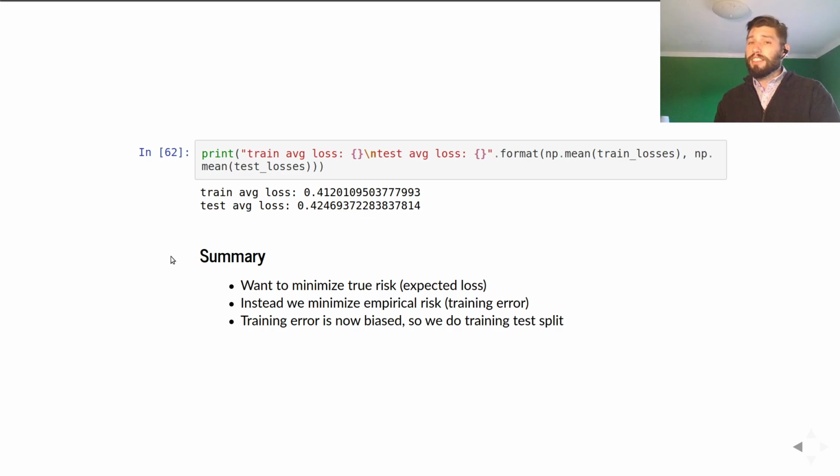Because we were doing linear regression, and in the case of the wine data set, n is much bigger than p, the number of samples is much bigger than the number of predictor variables, the training loss even after we fit is almost the same as the test loss, but it is biased downwards.